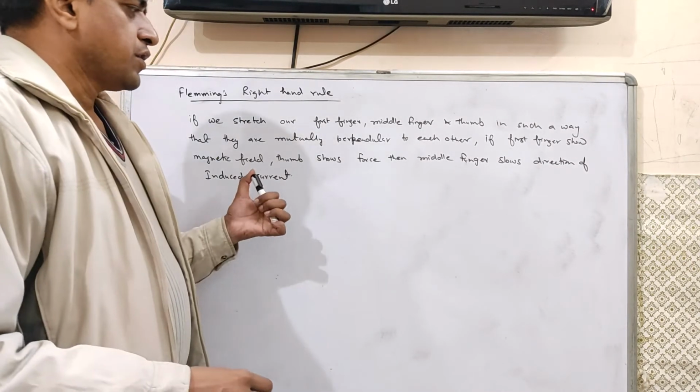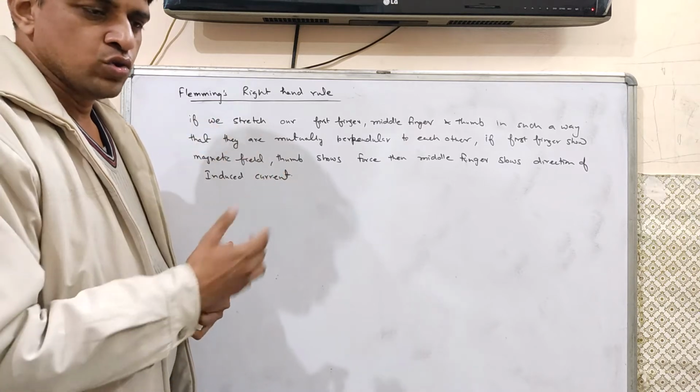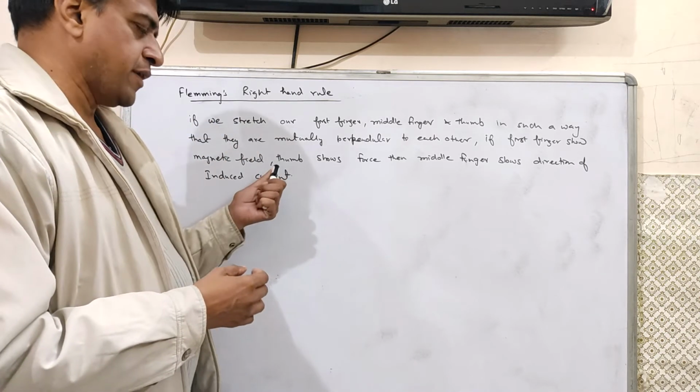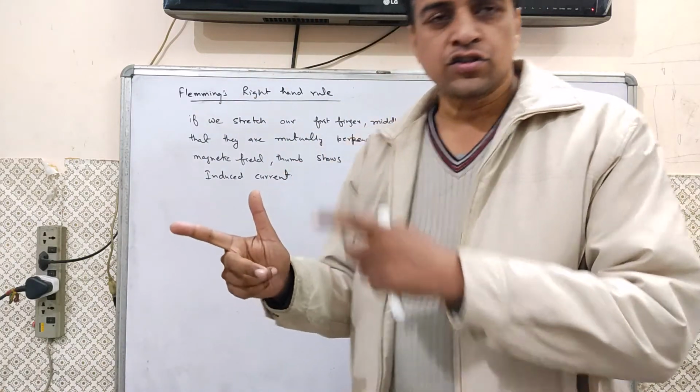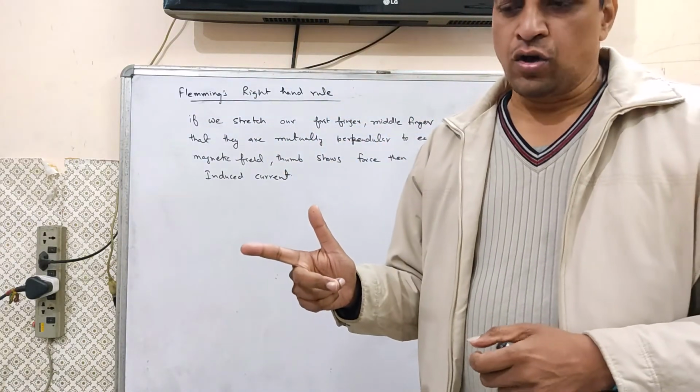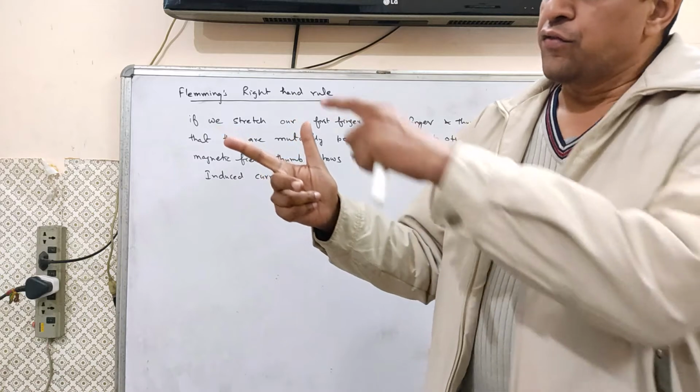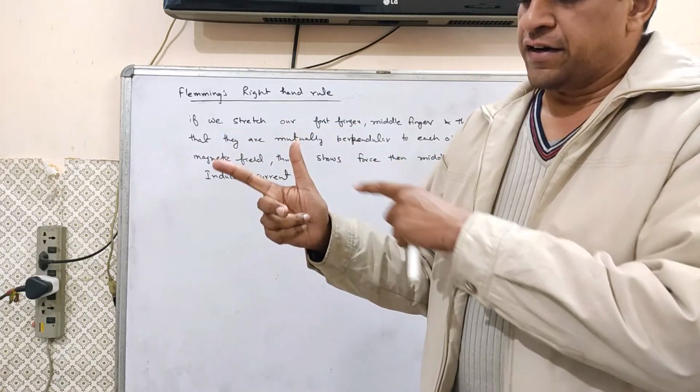Now, if the induced current is produced by changing the magnetic field, how can you find the direction of induced current? This is according to Fleming's right hand rule.